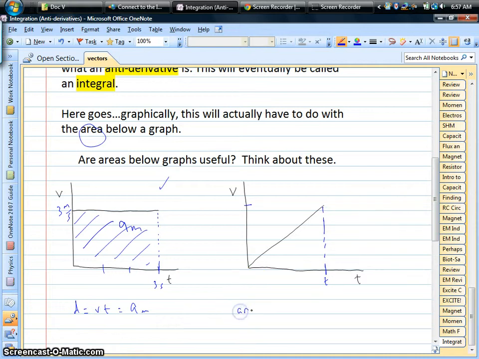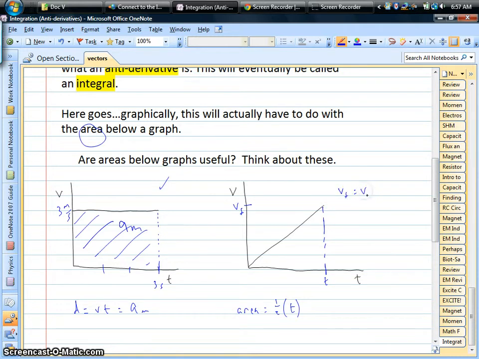Now we know that the area of a triangle is 1/2 times the base. Well, the base is just however many seconds you have, that's the time. And what's the height? Well, if this is constant acceleration, the height is whatever your final speed is right here.